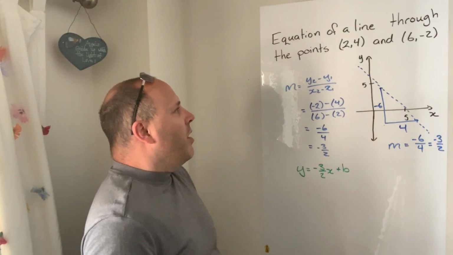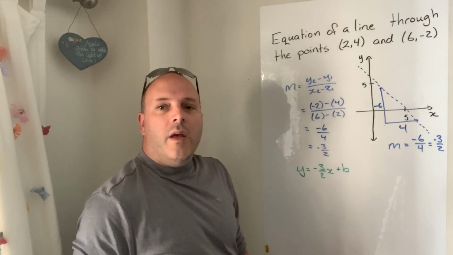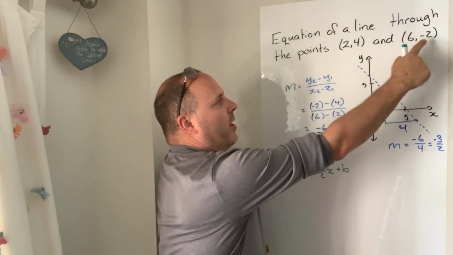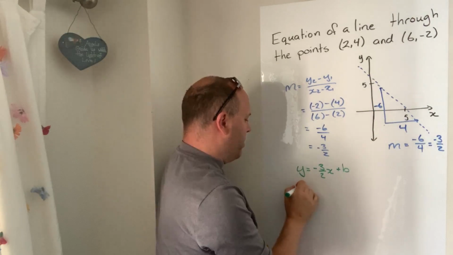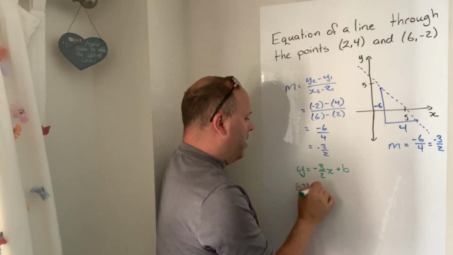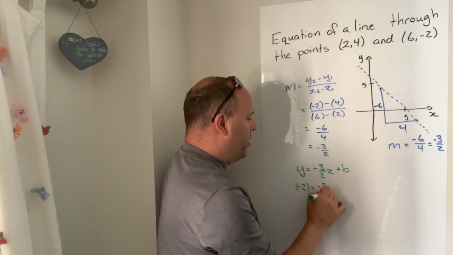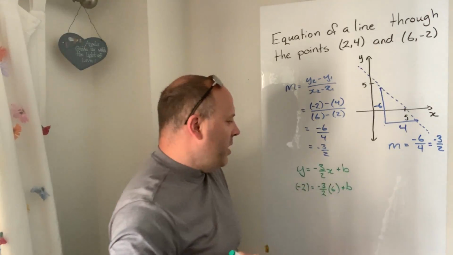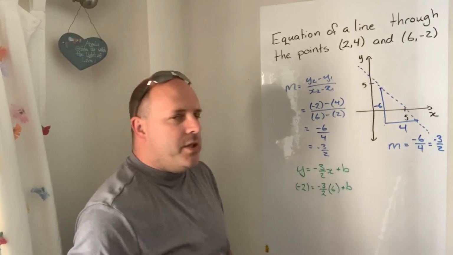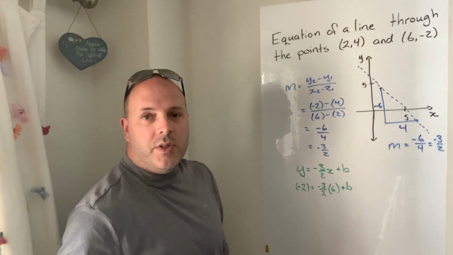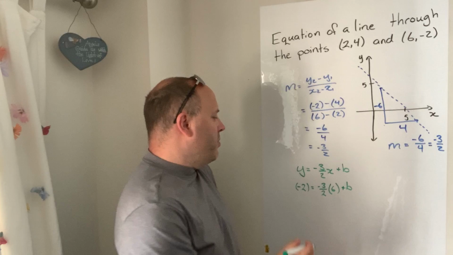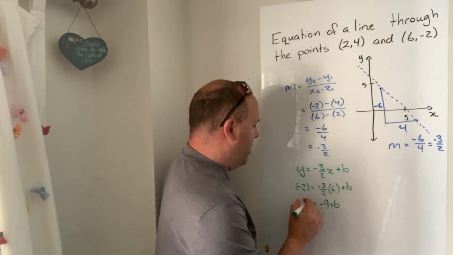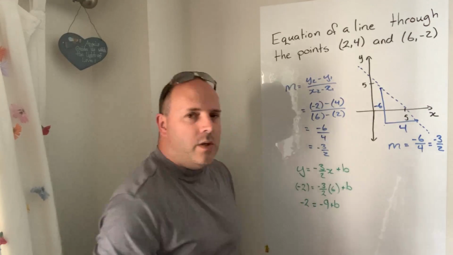I think I'll pick this point to work with. Doesn't matter, you could pick either one and substitute in 6 for x, negative 2 for y. So negative 2 is equal to negative 3 over 2 times 6 plus b. Negative 3 over 2 times 6. 6 divided by 2 is 3 times negative 3 gives me minus 9 plus b is equal to negative 2.